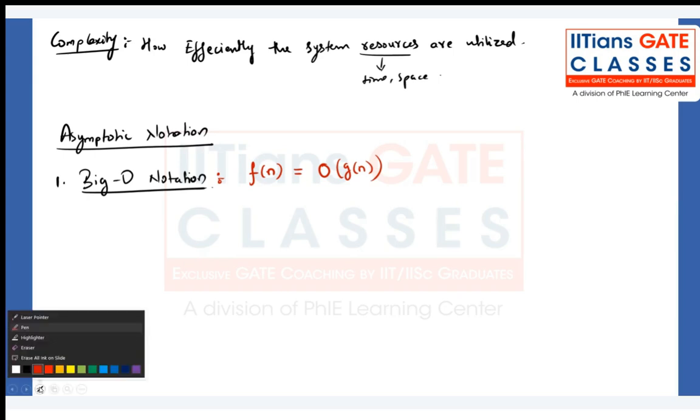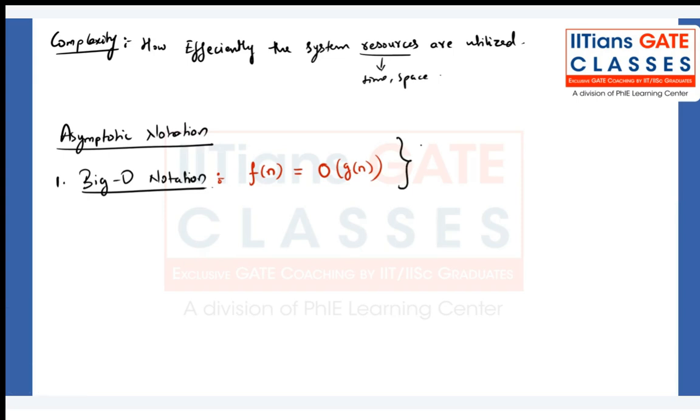This means that for sufficiently large values of n, g of n is the upper bound of f of n, which means that for sufficiently large values of n, g of n will always be greater than or equal to f of n. f of n can never be greater than g of n.